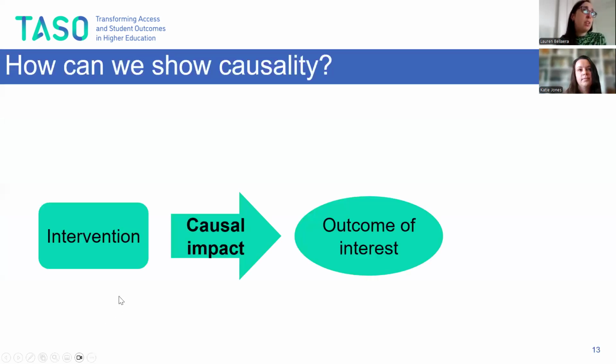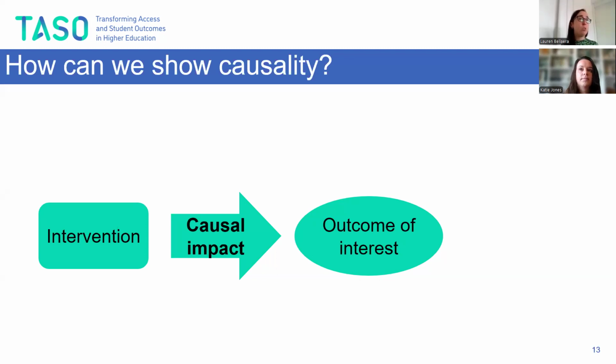Okay, so thinking about the mechanisms and the ways you can demonstrate causality. Ideally, we have our intervention or our activity, and we want to know what the causal impact is on a particular outcome or set of outcomes.